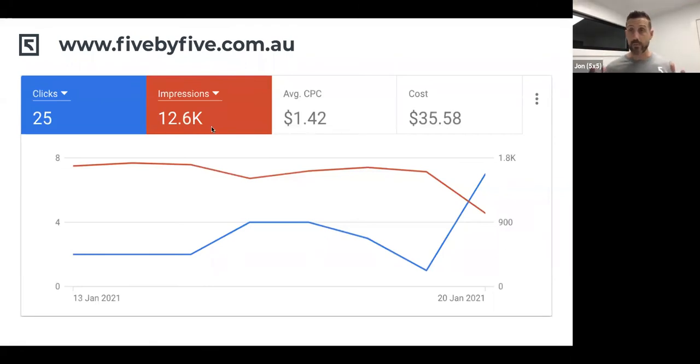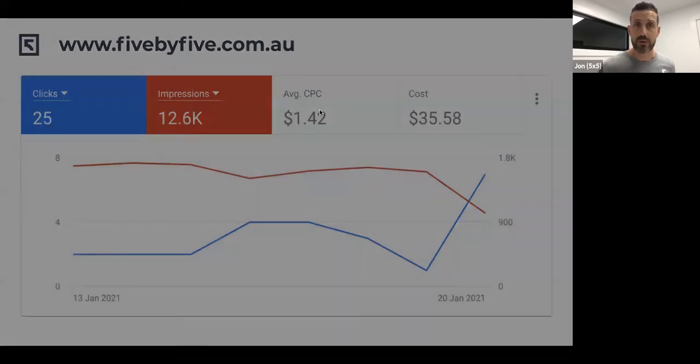So the definition of an impression is basically an ad being displayed. Off that, it's an eyeball looking at your ad. Off that, we've generated 25 clicks at an average cost per click of $1.42. So the cost for that week has been $35. So for 12,500 eyeballs on the 5x5 brand, it's cost me $35. Pretty awesome in my view.